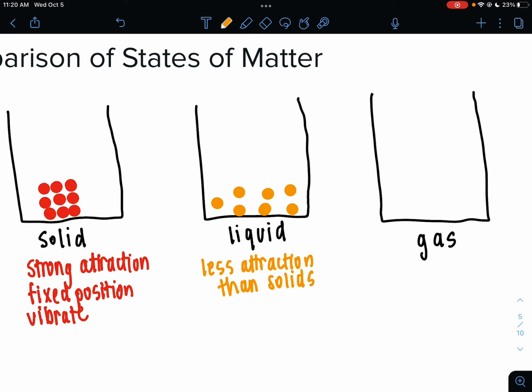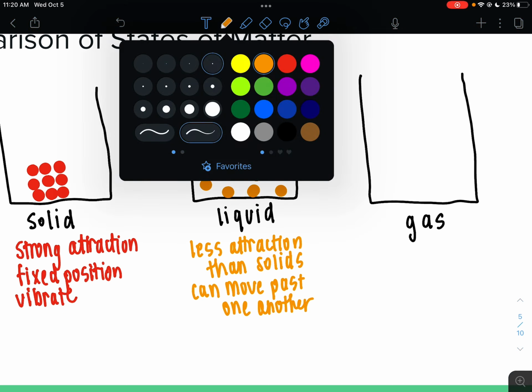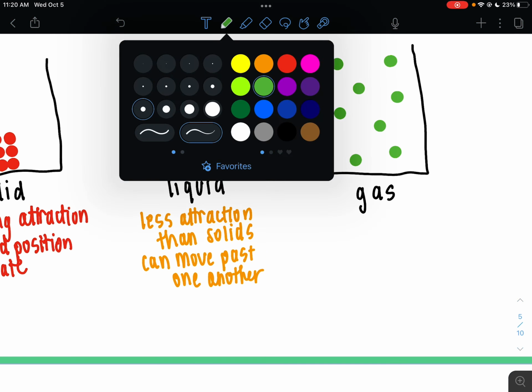Remember that your liquid particles can move past one another. And then for gases, remember they fill up their container. They're really far apart from one another.